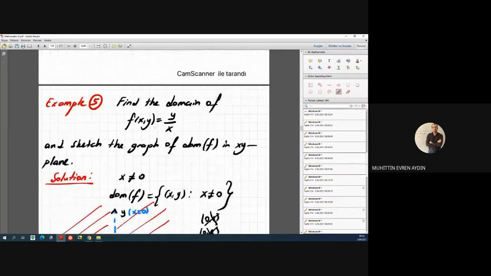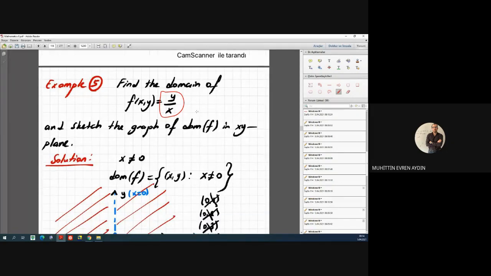Another example, we have a rational function y over x, and in order to well define the function f, x has to be different from 0.